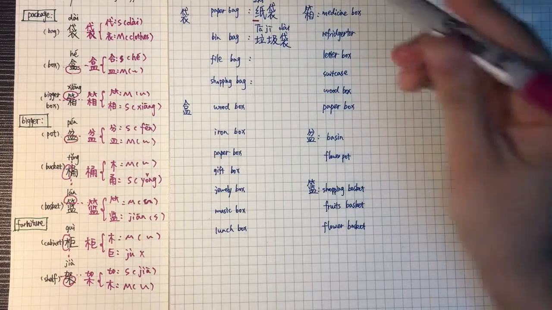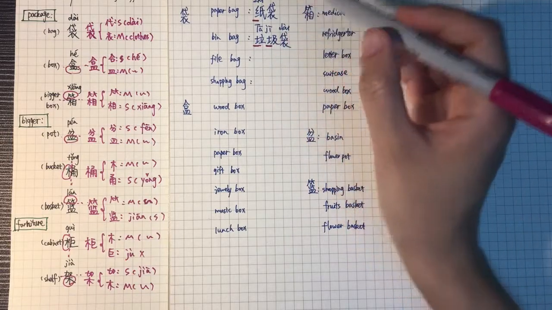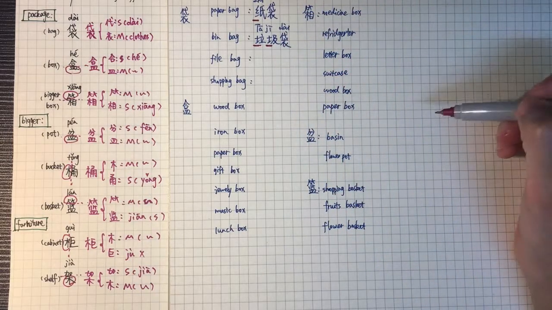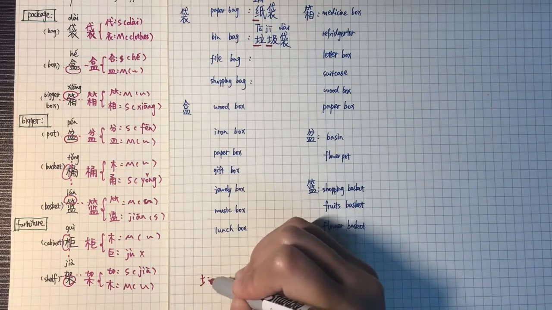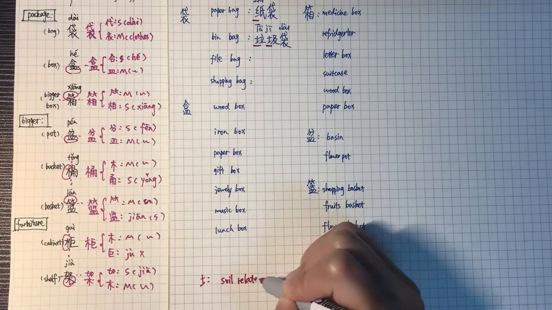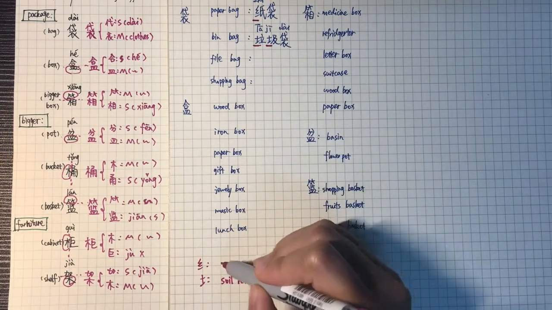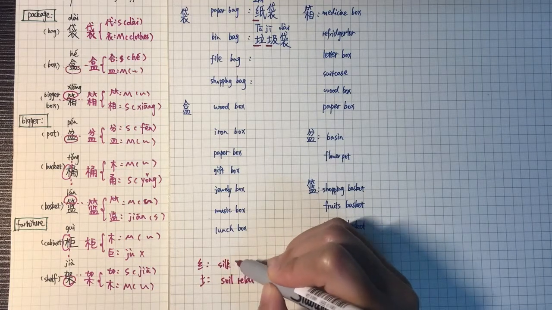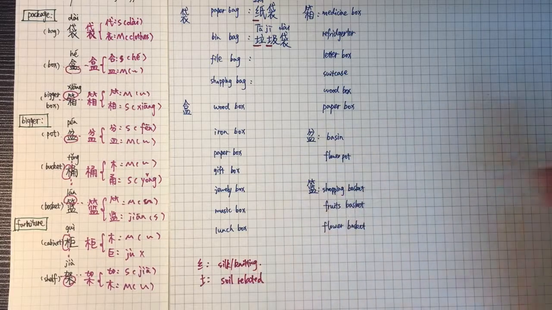And as you can notice, the radical in these two is the same. It's soil related. And the last one, 纸, is silk, knitting stuff related.